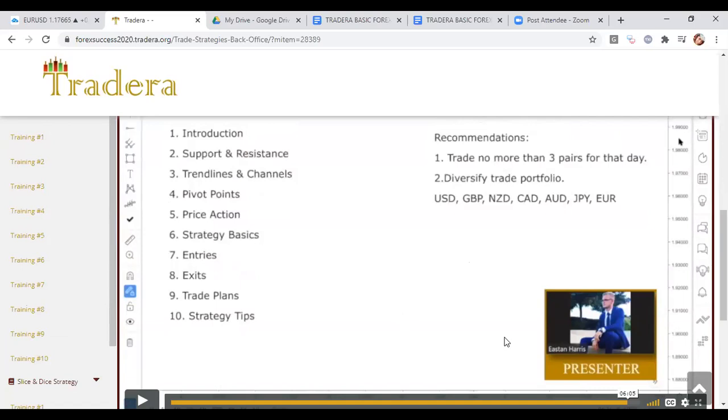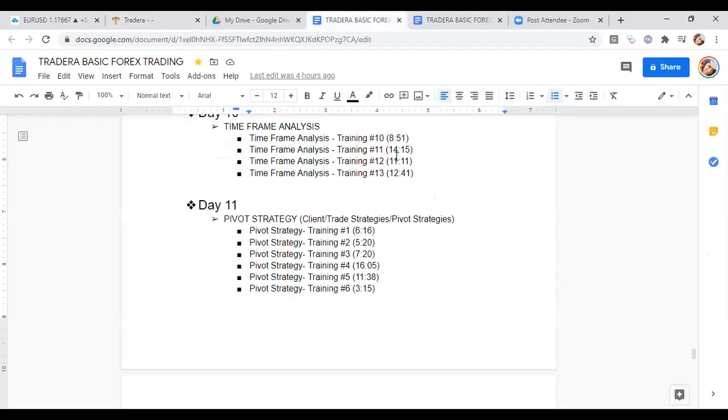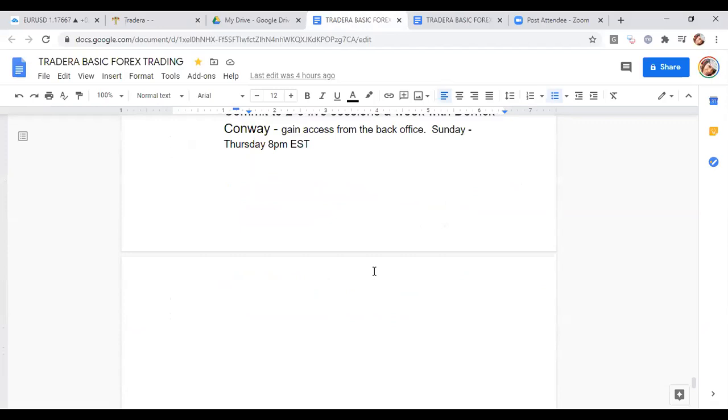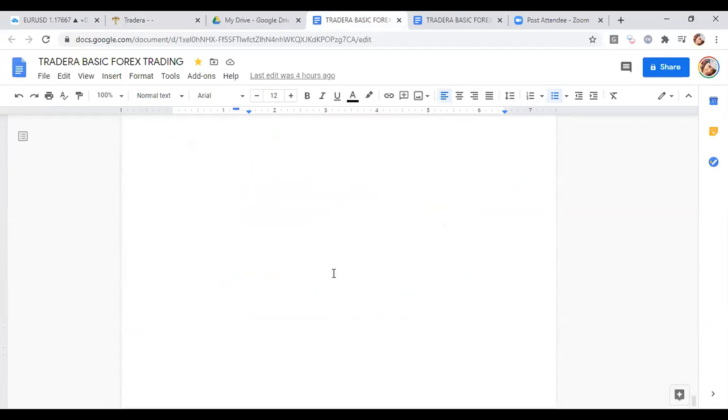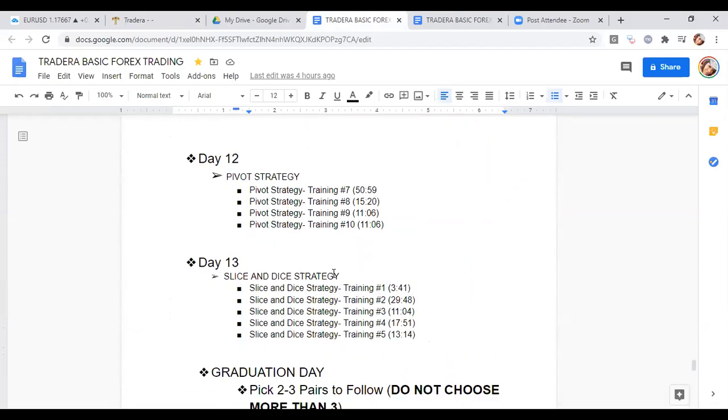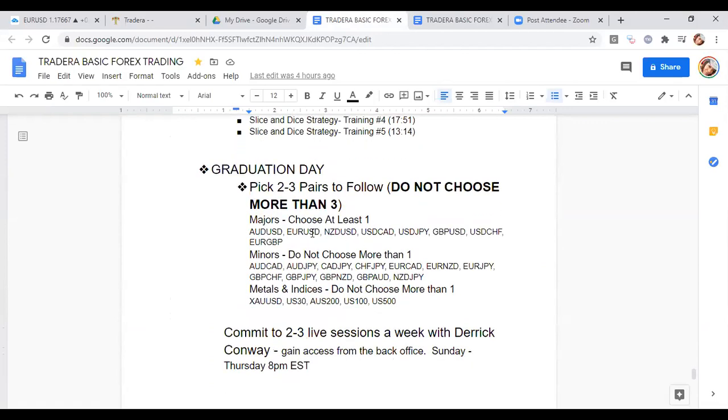Now, Andrea, when you said don't trade more than 3 pairs for that day, is it allowed to grab different pairs each day, or do you keep the same pairs? What's the advice? So considering that you're new to this, I highly recommend, and we're going to be going over this tomorrow, that you pick 2 to 3 pairs.